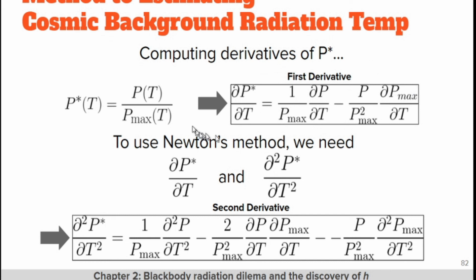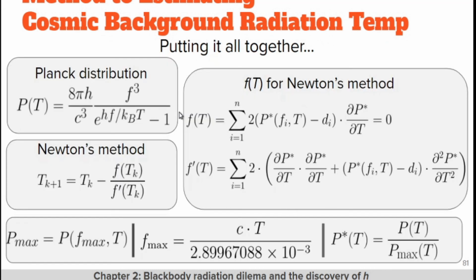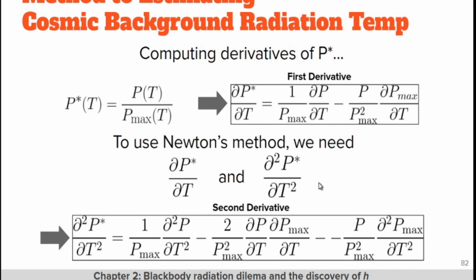Now remember that in Newton's method, if we go back, we use F and F prime, and F prime needs both the first derivative of P star and also the second derivative. So there's some work involved here. We have to calculate the second derivative as well, and I'm not going to step through it, I'm just going to put the result here so you can see it. That's a typo, I put 2 minus signs.